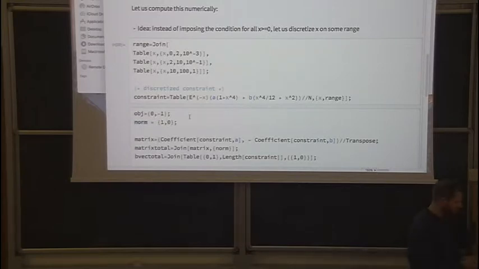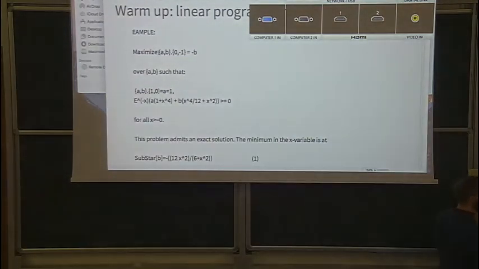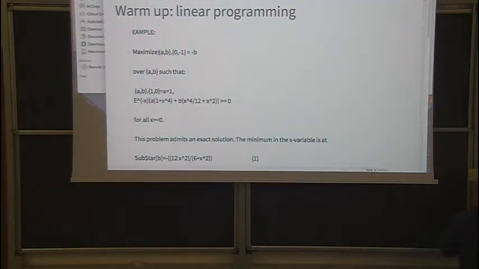And also, you would like to minimize a scalar product AB dot obj. So there are two questions.